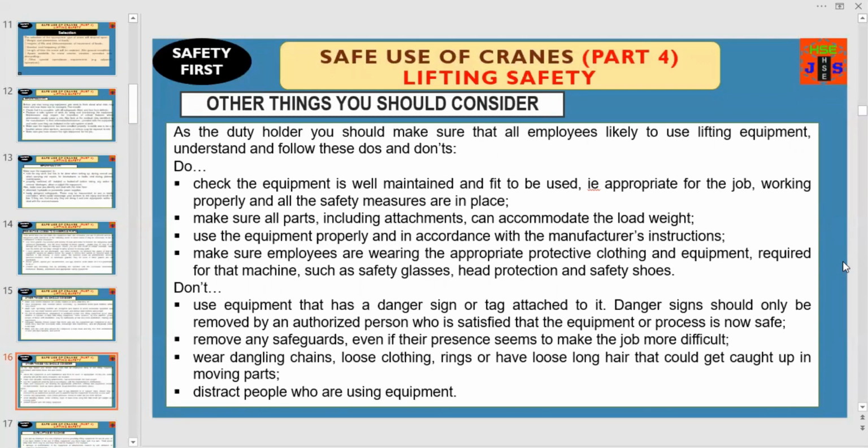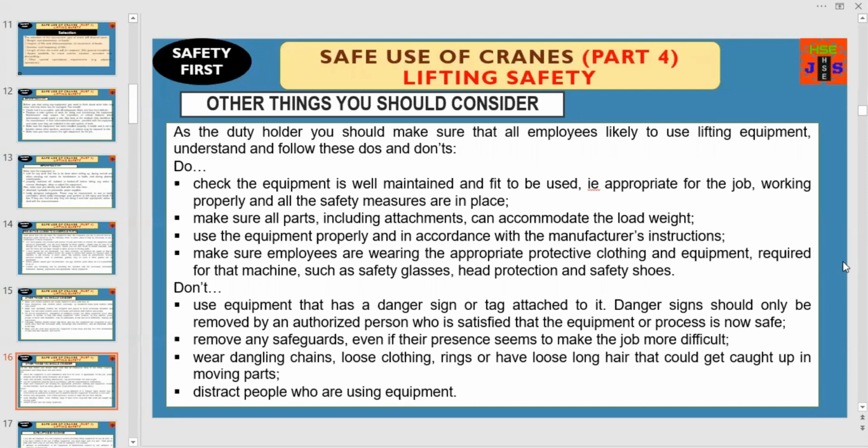Use the equipment properly and in accordance with the manufacturer's instructions and recommendations. Make sure employees are wearing the appropriate protective clothing and equipment required for that machine, such as safety glasses, head protection, and safety shoes, etc. And also remember, don't use equipment that has a danger sign or tag attached to it.